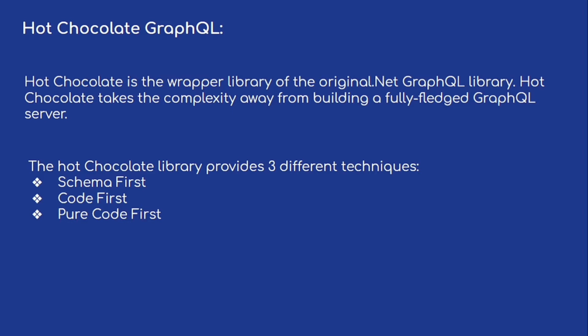And the code first approach is like .NET only. We need not write the schema, but we need to write some .NET classes that represent the schema file. And pure code first is very simple. Plain C# classes are enough for it. Let's go through them a little bit more in depth.